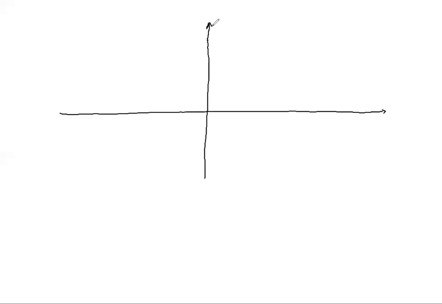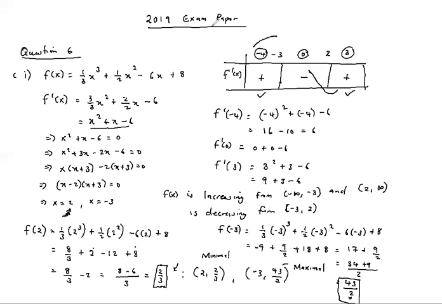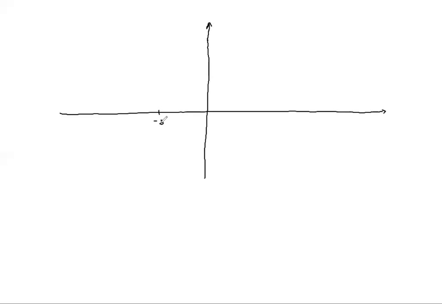So what's important here? First, you have negative 3, 43 over 2. That's 21.5. So we have negative 3 and 43/2. That's the turning point, and then it's crossing at 8.